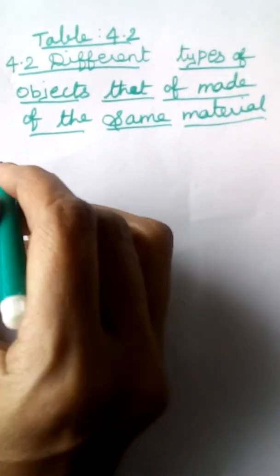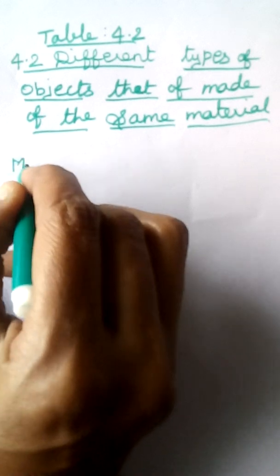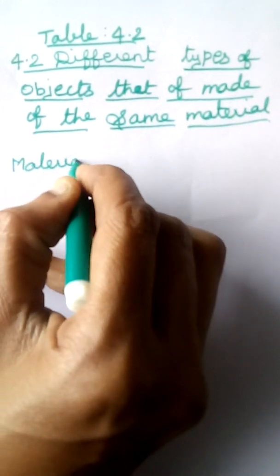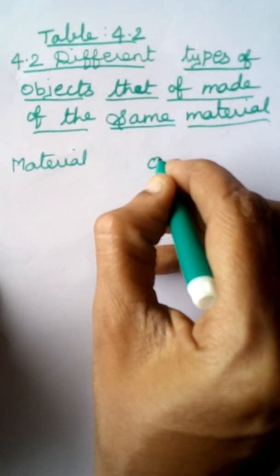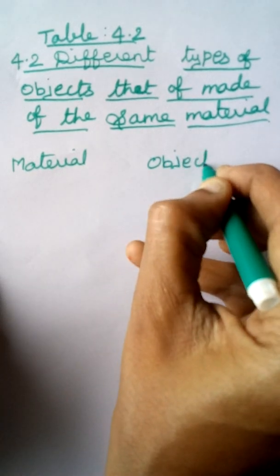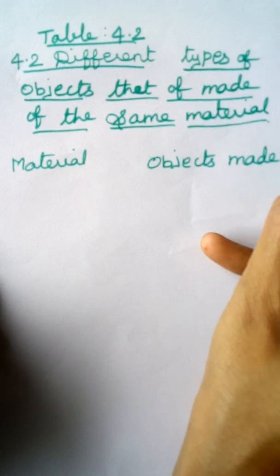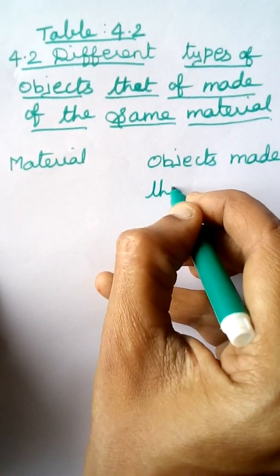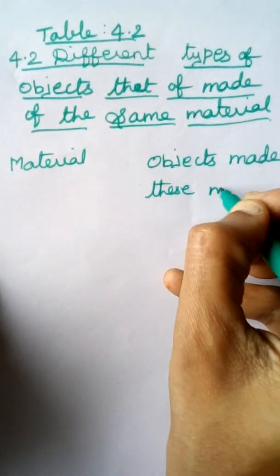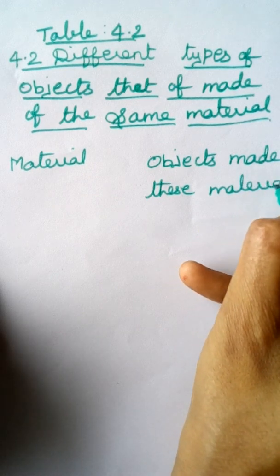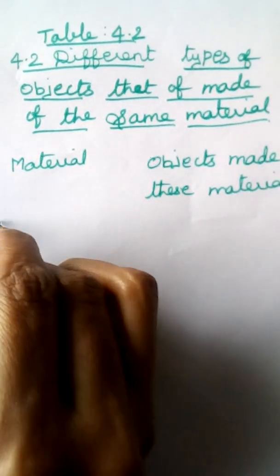Next, first one is the material. Which one is the same material? Next, objects made of these materials. First one is wood.